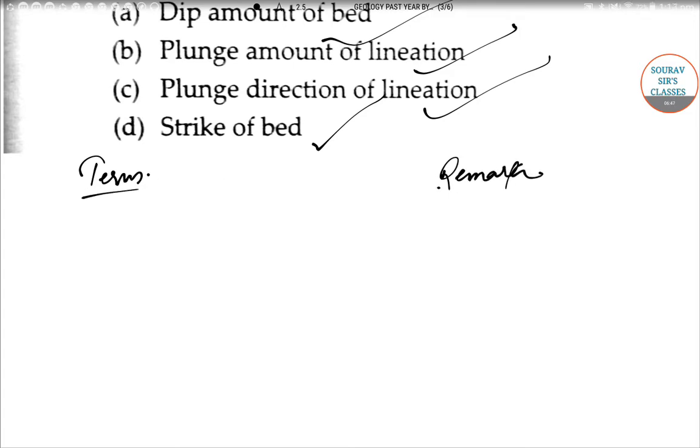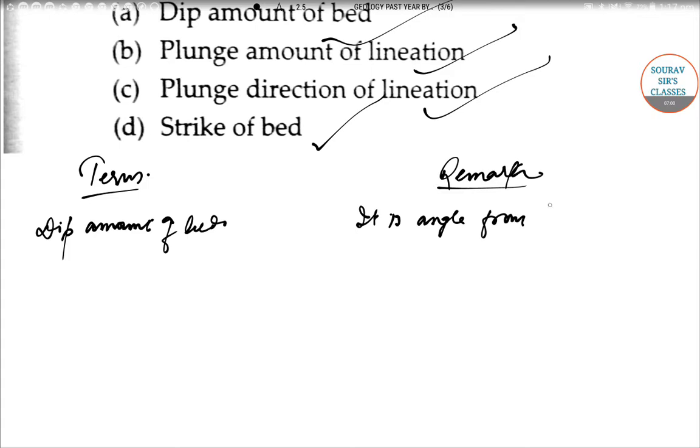So it is the dip amount of bed. Its remark is that it is an angle from 0 to 90 degrees, that is, from horizontal to vertical bed. Then we have plunge amount.